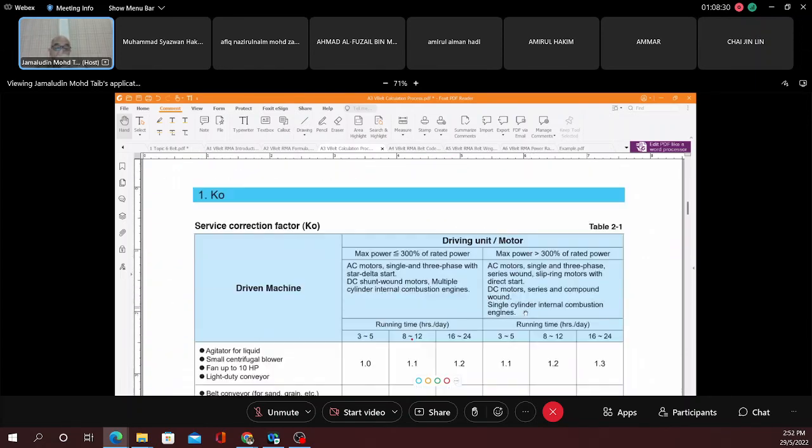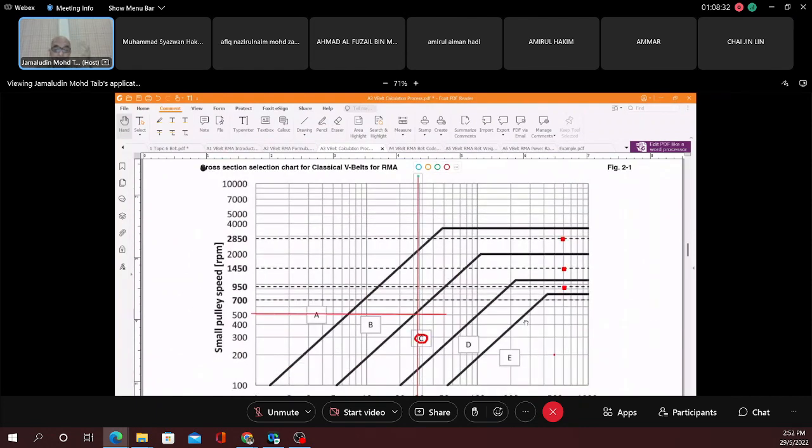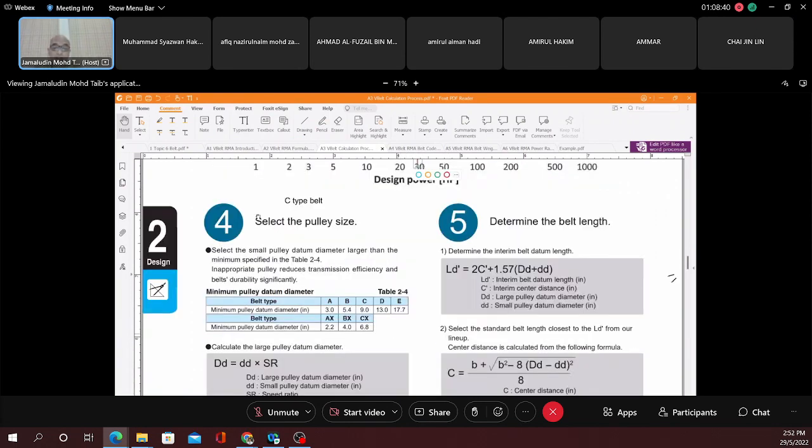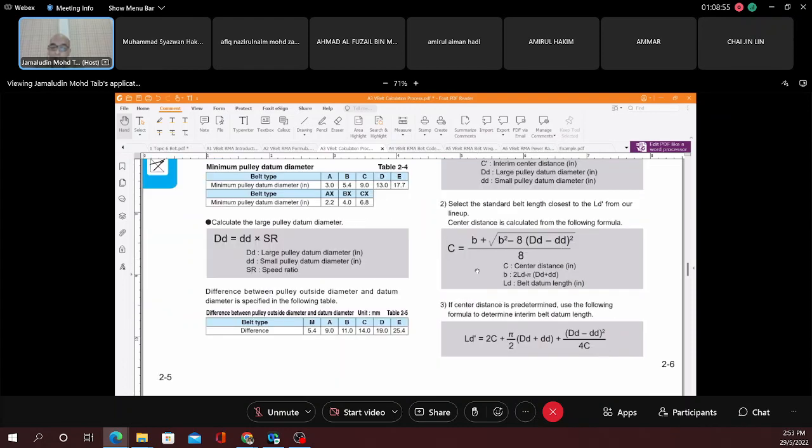Then you are choosing a different type of belt, for example maybe type B or type D. That may carry the mistake from now onward. That means all the steps here are going to be wrong because you're going to select a different type of belt, and different types of belt have different lengths and so on. That's very important, so you have to be careful on this one.